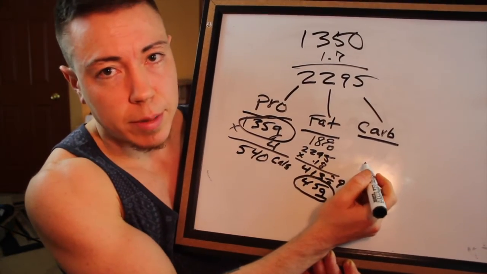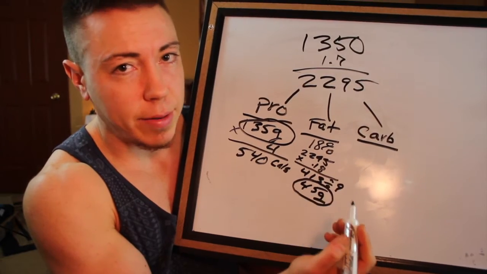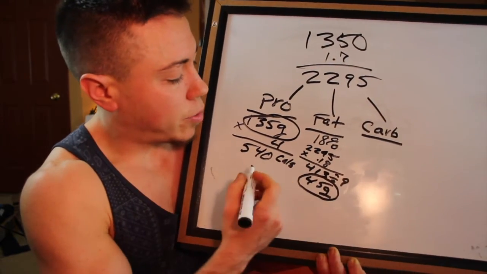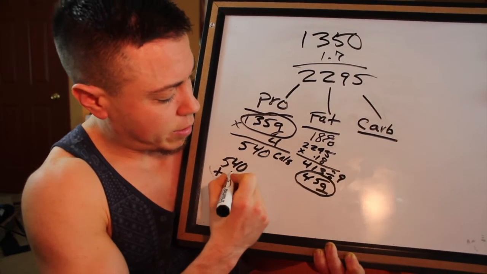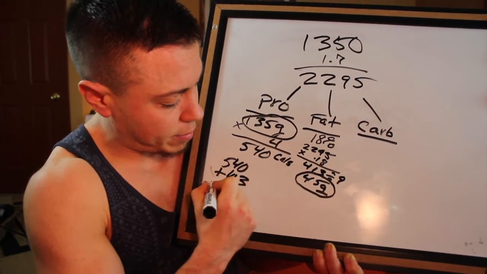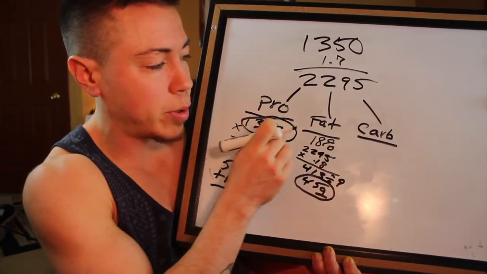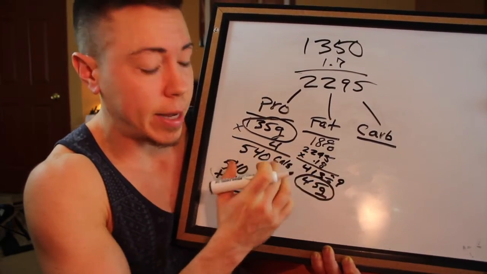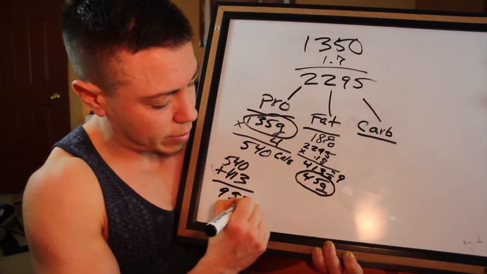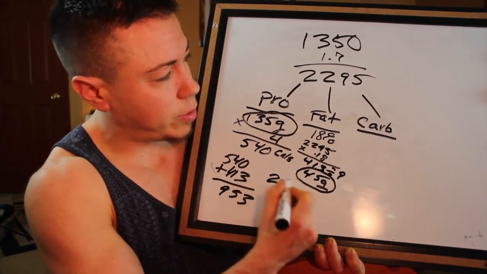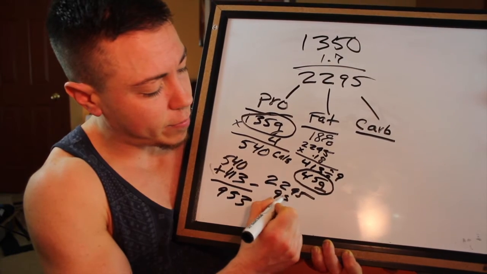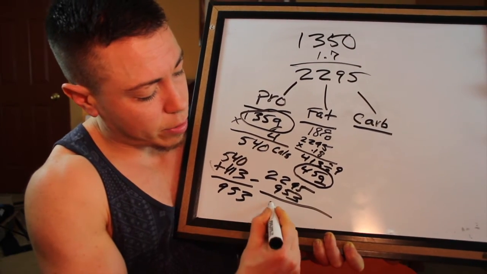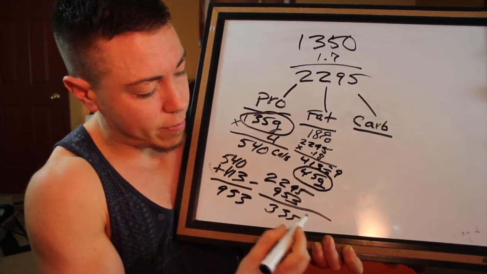So now to figure out carbs, basically it's just whatever is left in your calories. So 540 plus 413, because that's just your protein calories and your fat calories added up, is 953. So 2295 minus 953 is 1342.